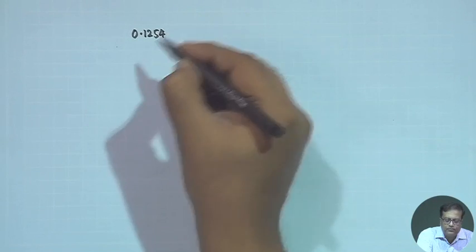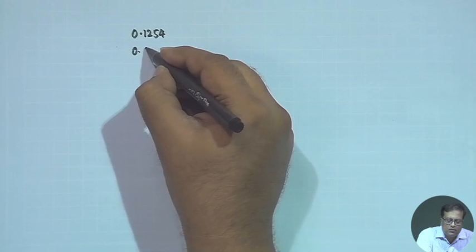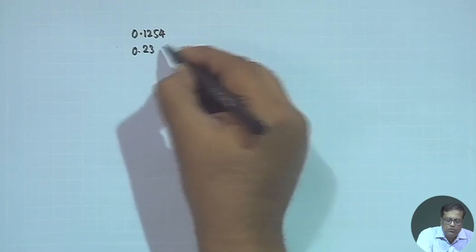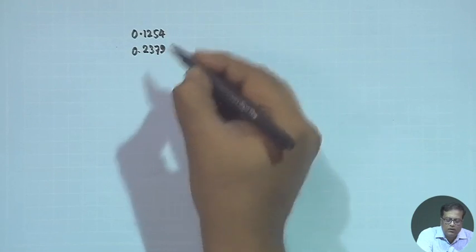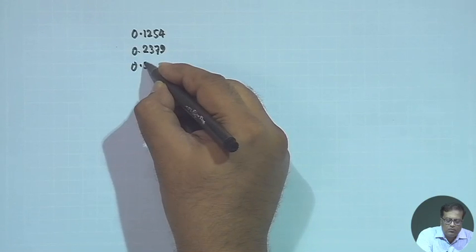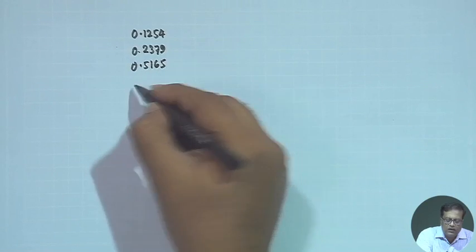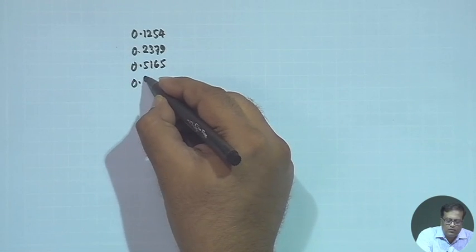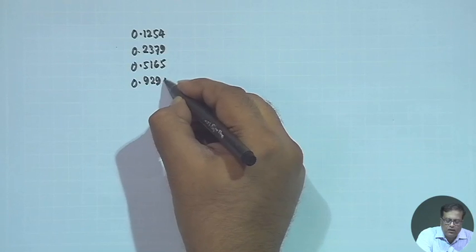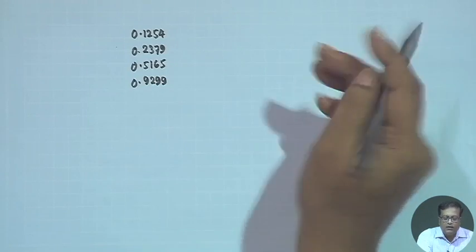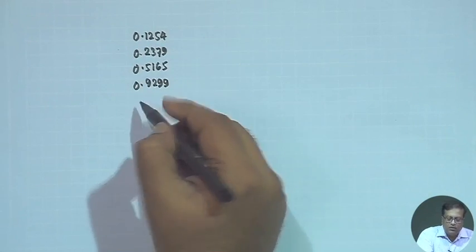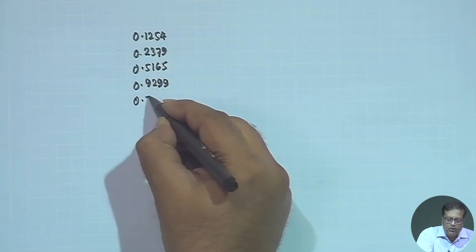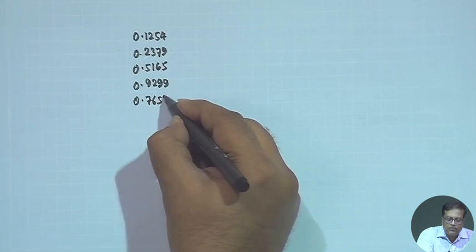So, you see 0.1254, 0.2379, 0.5165, 0.9299. Now, let us take another number, 0.7652.